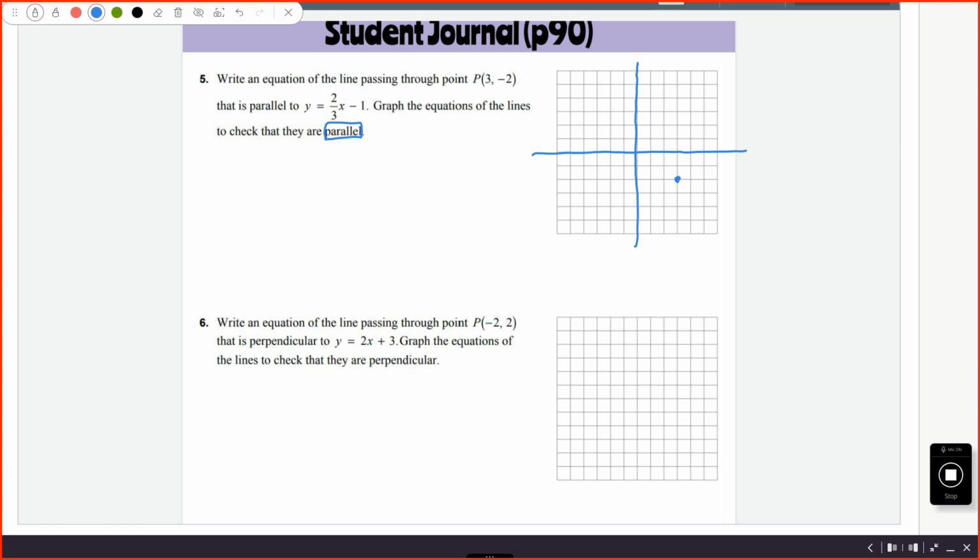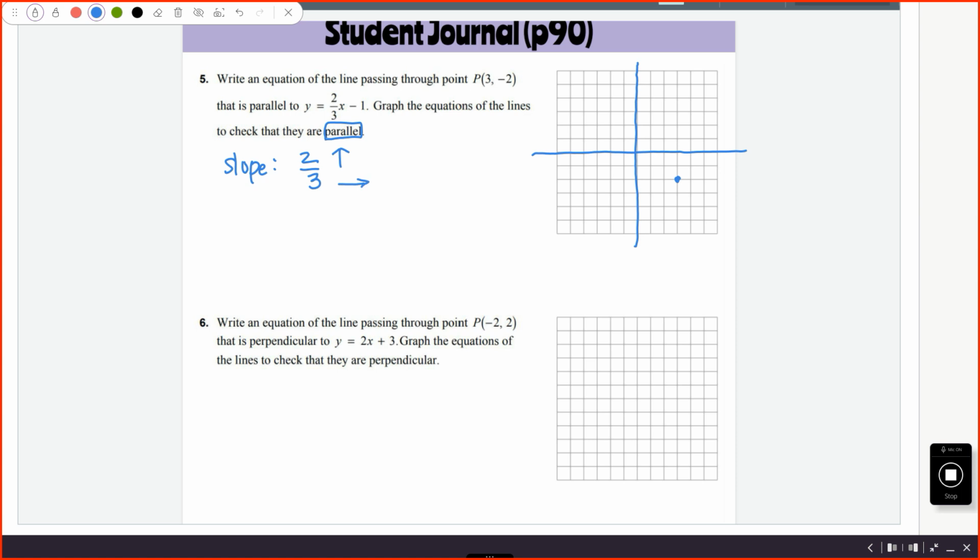Equal. Very good. So that means we have to use what slope? The slope is 2 over 3. So 2 over 3 meaning you go 2 up and then 3 over, correct?